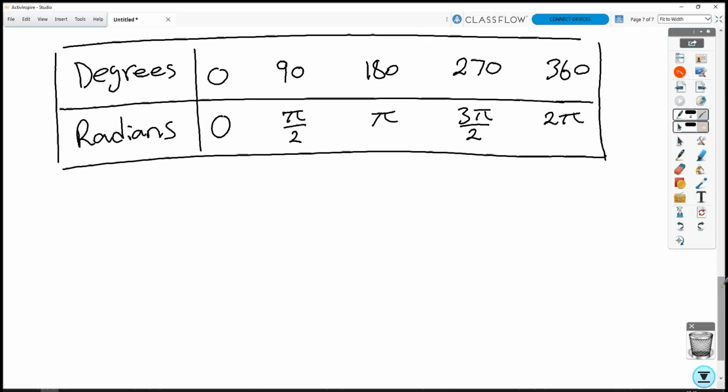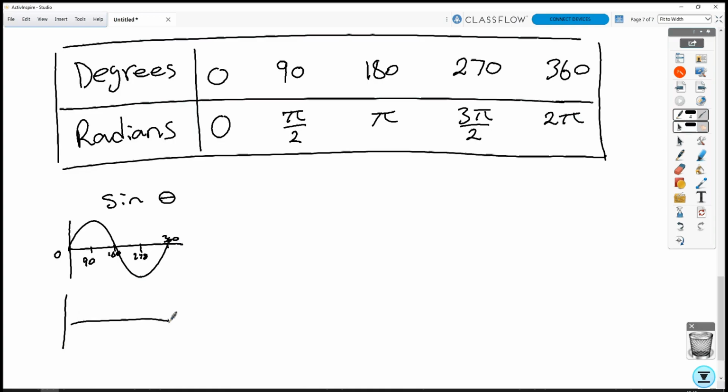So you should also know what the sine and cosine functions of these are. So sine theta, we've got 0, 90, 180, 270, and 360. And then I'll also do the radian version. 0, pi over 2, pi, 3 pi over 2, and 2 pi. And then also cos theta.